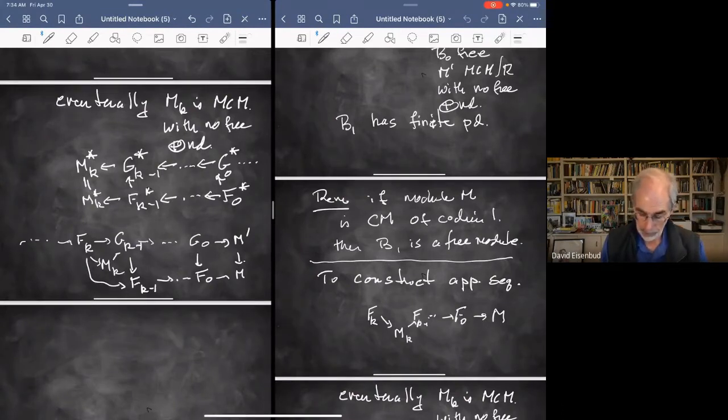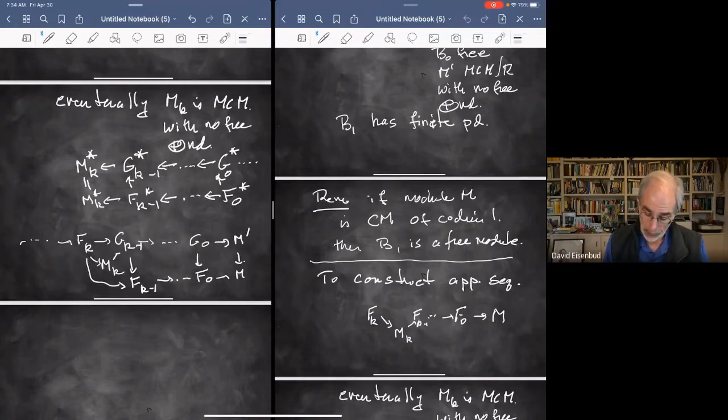And I could, in fact, go on forever, and it would always be exact. These doubly infinite resolutions exist over Gorenstein rings. So the top is a resolution, but all the modules in it are maximal Cohen-Macaulay modules, all the kernels. And M prime, being the dual of a maximal Cohen-Macaulay module, is again maximal Cohen-Macaulay.